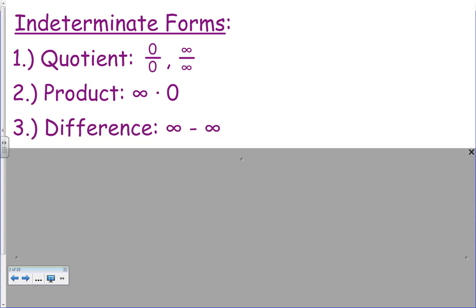The third one here is what is called the difference form of an indeterminate form. And that's infinity minus infinity. A really, really big number minus a really, really big number does not necessarily give you 0. It could be 0, negative infinity, positive infinity, or anything in between.